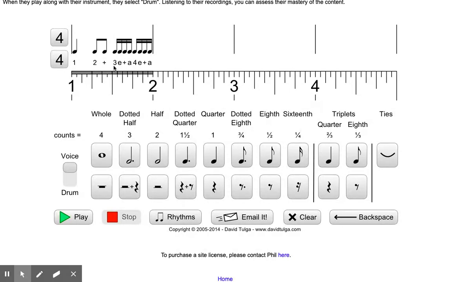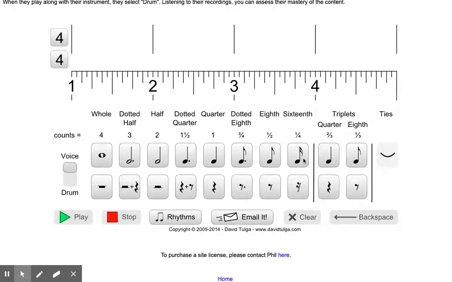Now let's do one that has 16th notes and a quarter rest in it. So let's start off with my 16th notes. In the first beat, four 16th notes would be 1 E and A. Now I'm going to put in a quarter rest.